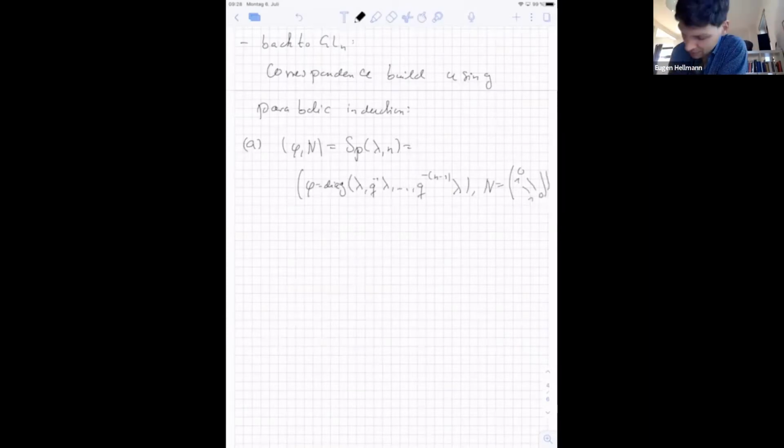Okay, so in this case you define the local Langlands correspondence of phi and n to be the generalized Steinberg representation.